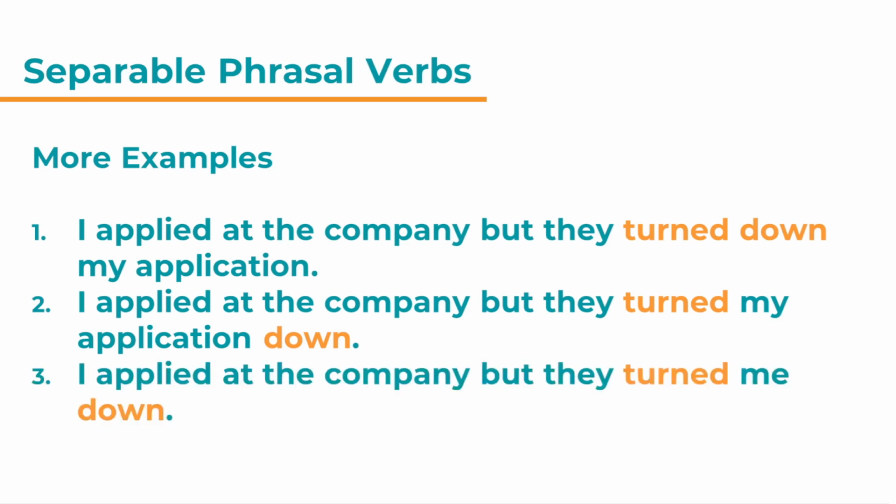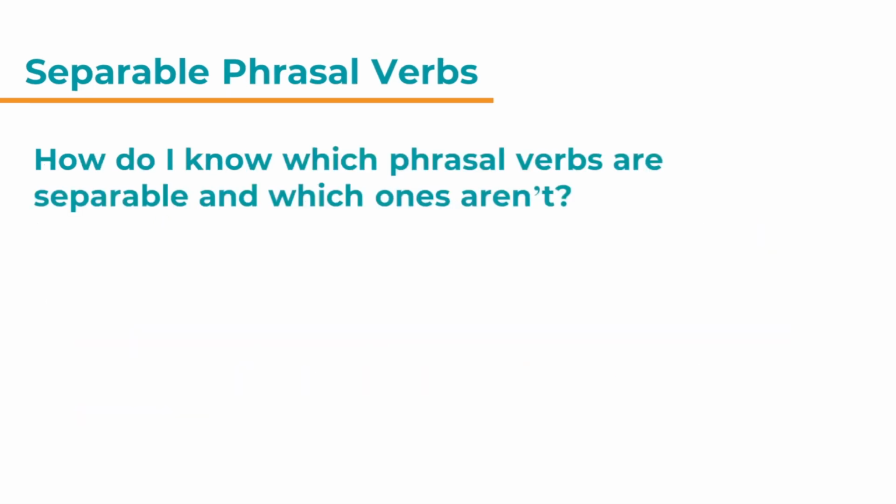Now, if I change my application for me, I know my application is not the same as me as a person, but we could say this colloquially. The sentence in number 3 is, I applied at the company, but they turned me down. All 3 sentences are correct.